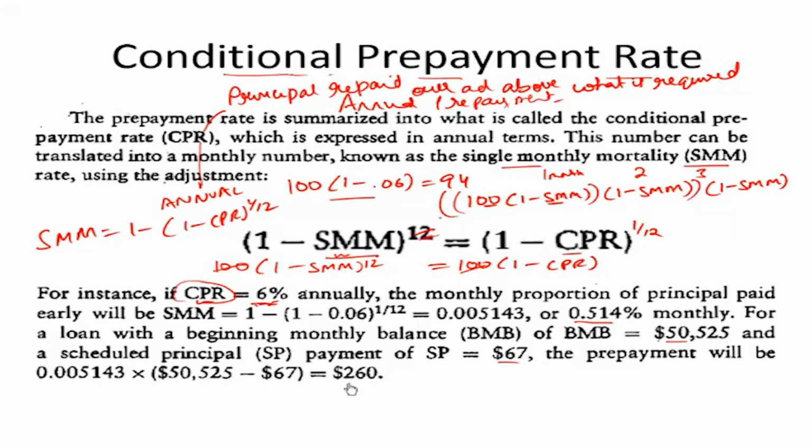There would be a total principal repayment of $67 plus $260. 67 is what was scheduled as we calculated in the previous example, and 260 is the prepayment amount. So the outstanding balance after this month would be 5525 minus 67 plus 260.